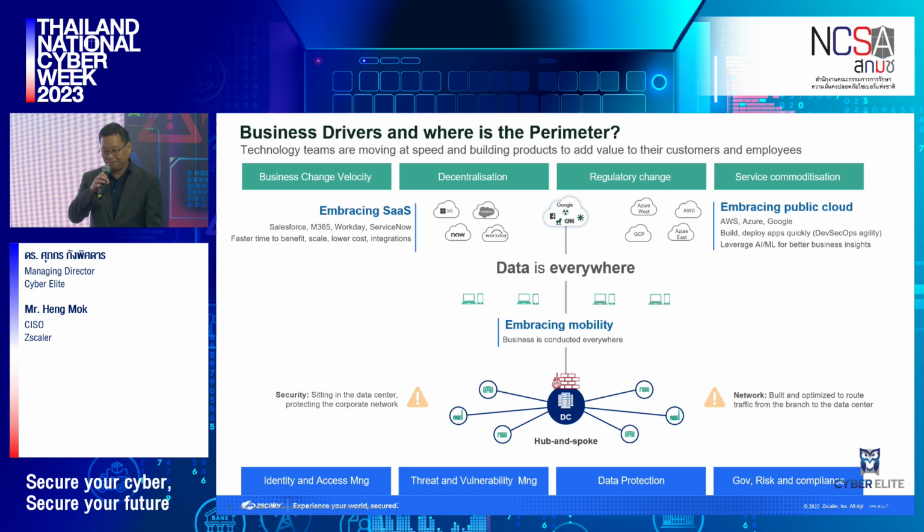The challenge for cyber teams is that they still need to protect that information. They still need to ensure that the risk is managed within their organization, which means the services around identity, threat and vulnerability management, data protection, and governance, risk and compliance still need to happen in this decentralized architecture.